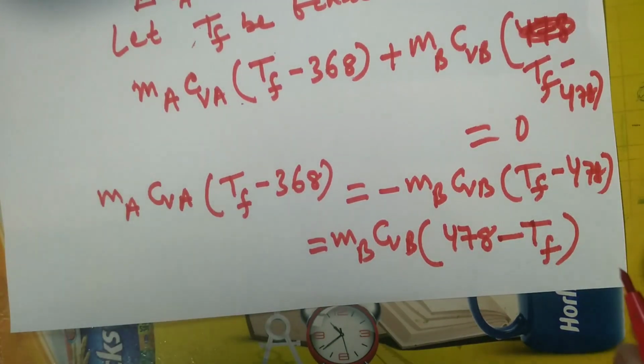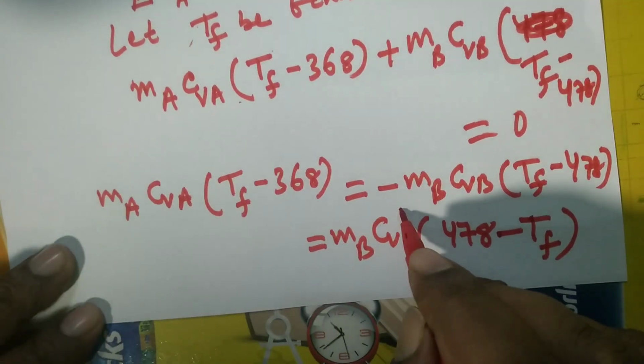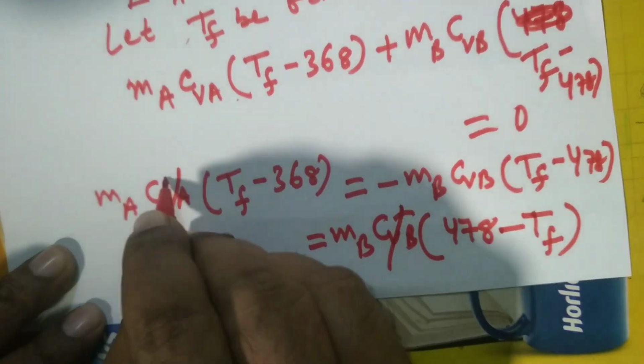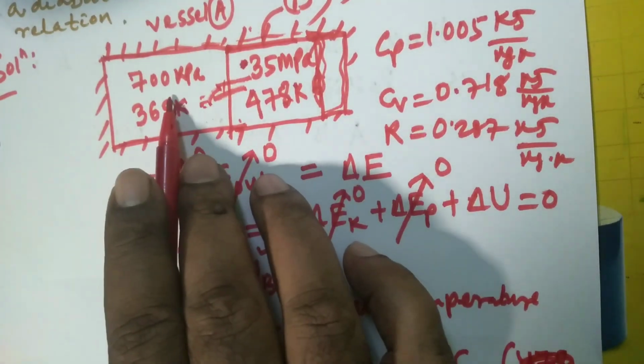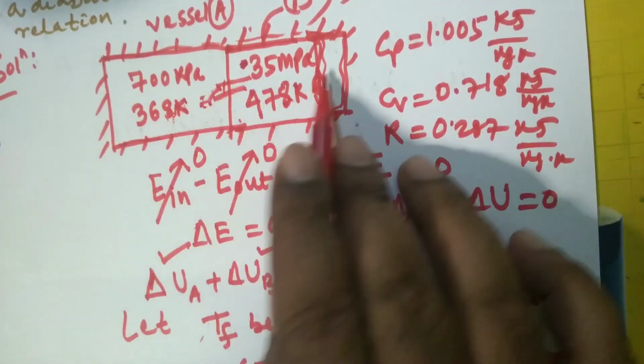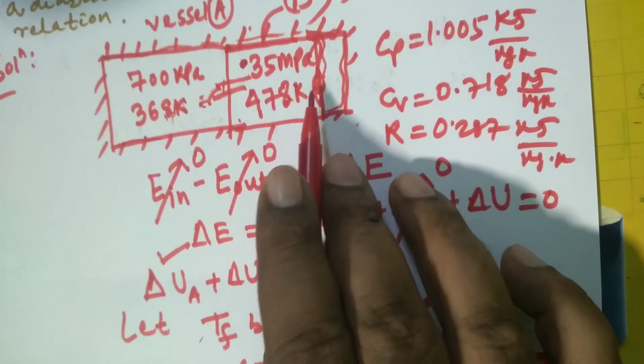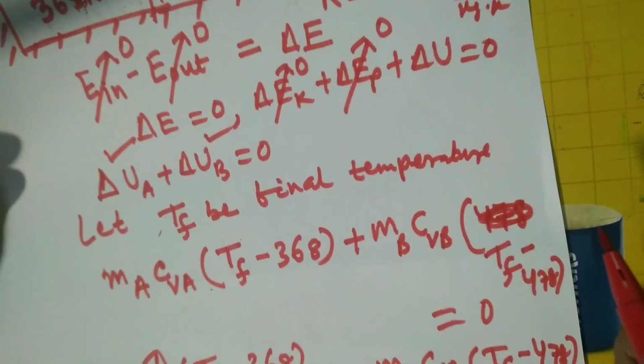So you see, Cv is the same for both vessels because both vessels contain air. So Cv for this air is the same as Cv for the air in vessel B. The Cv value is, for both cases, 0.718.